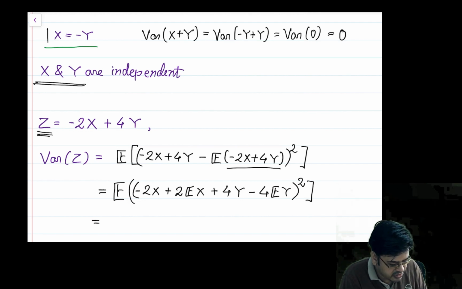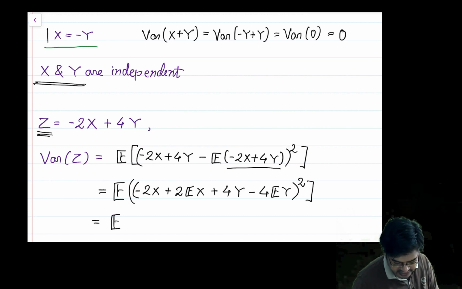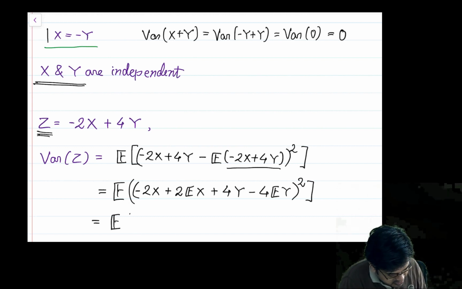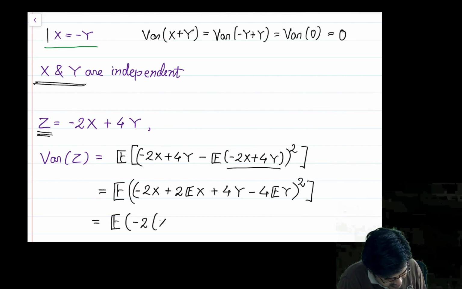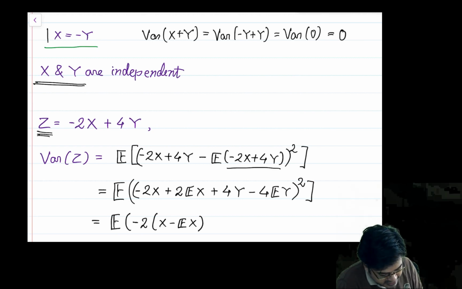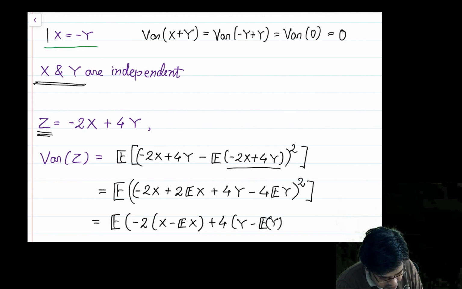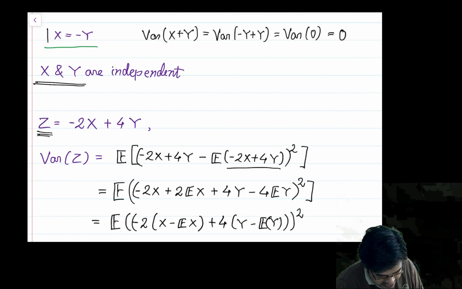That is also equal to the expected value of, taking this minus 2 common, the term x minus expected value of x, which is the term that I need for variance of x, plus 4 times y minus expected value of y, and this entire thing squared together.